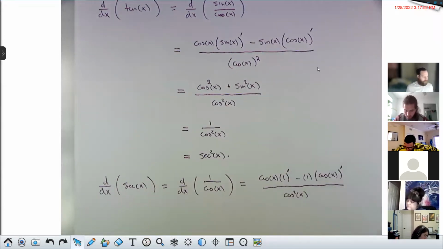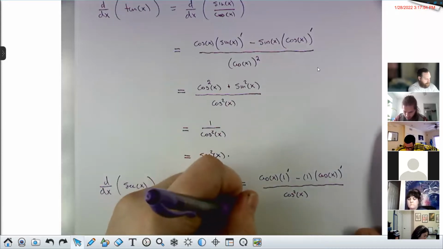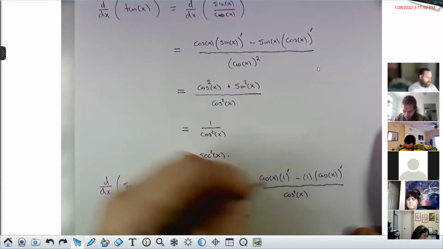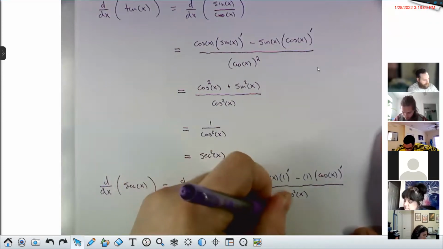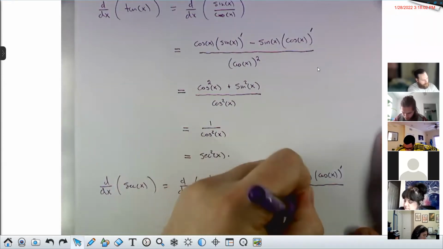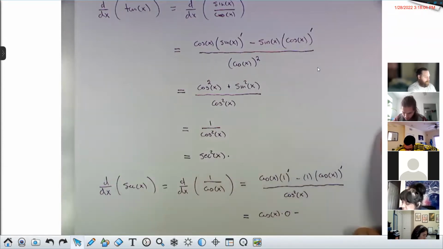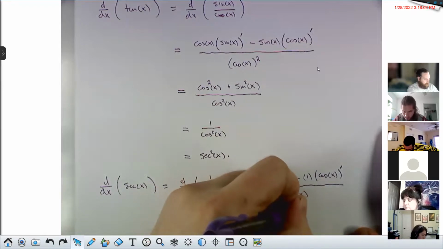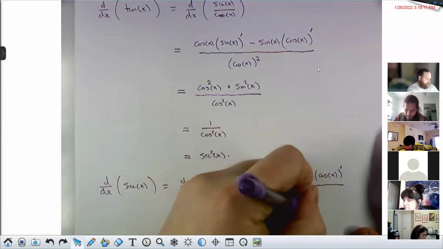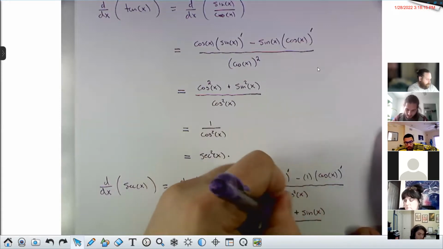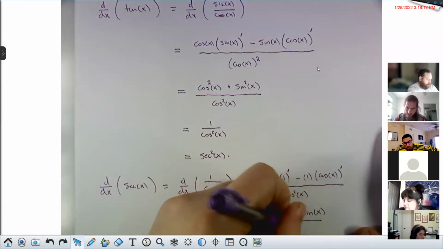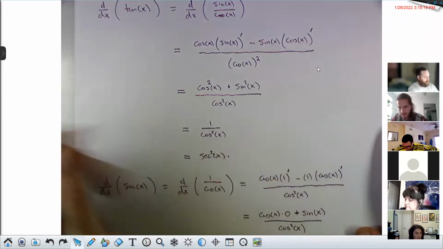This one takes a little bit more love, but just a little bit. The derivative of 1 is 0, so you've got cos x times 0 minus 1 times the derivative of cos x. Well, the derivative of cosine is negative sine, so that's minus negative makes plus sine of x all over cos squared x.